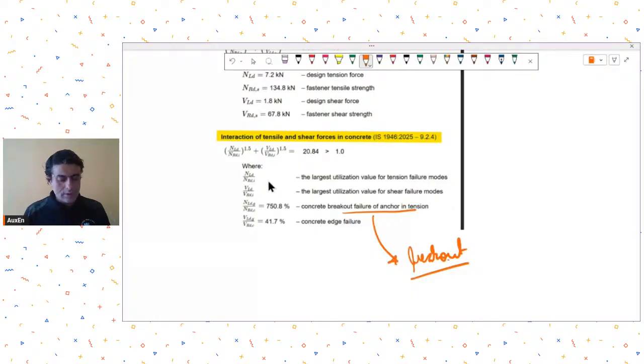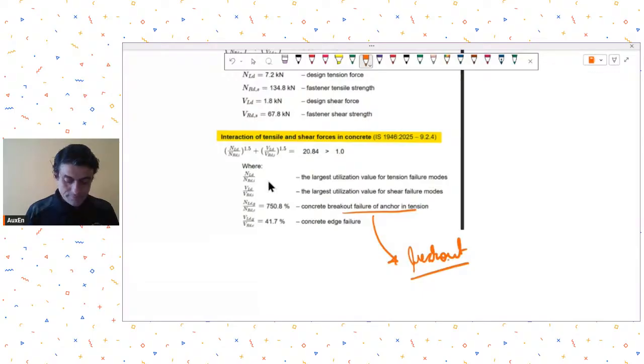When you do those calculations also, the most critical action is the breakout failure. Yeah, so concrete breakout and side face blowout.